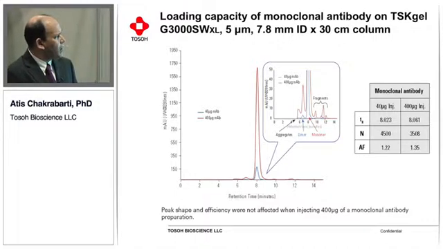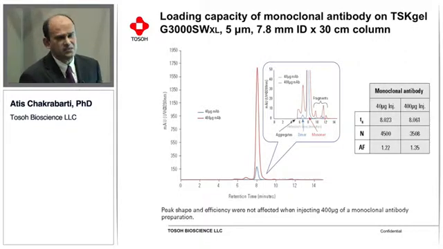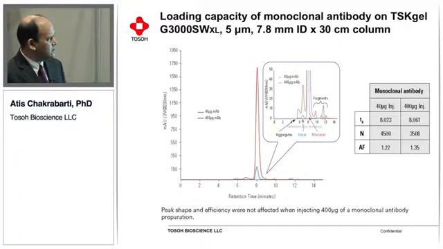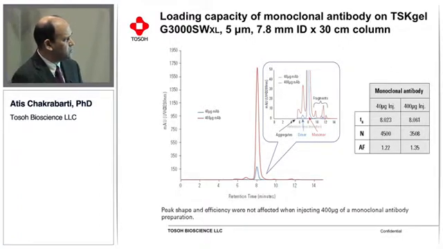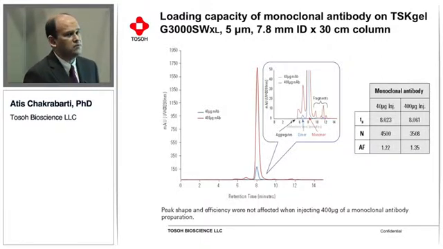And we have tabulated the retention time, efficiency, and asymmetry factor as a function of the amount. And as you see, the retention time is 8.023, 8.061, efficiency 4500, 3508, and asymmetry factor 1.22, 1.35.